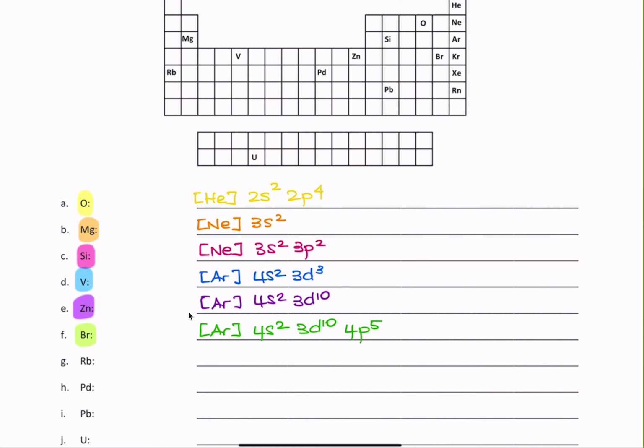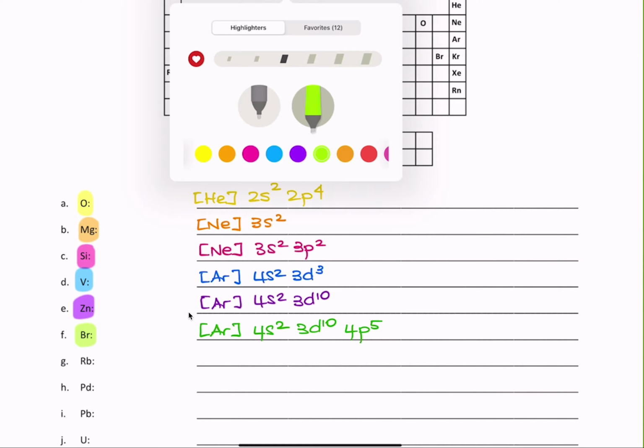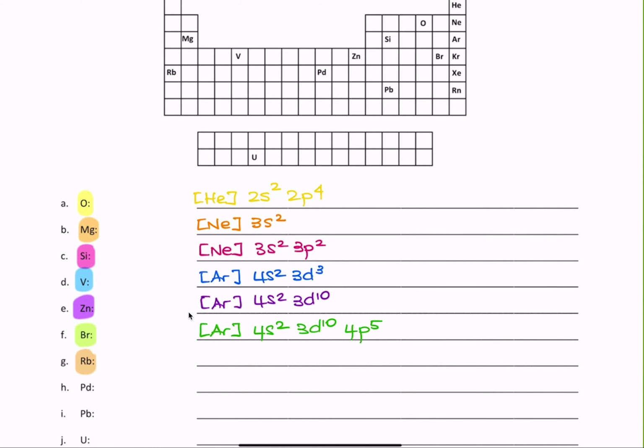What about rubidium, Rb? Well, let's take a look at this one together. Rb is right here. The line before is Kr, krypton. And then I need for Rb to just barely enter the 5s. Therefore, krypton 5s1.